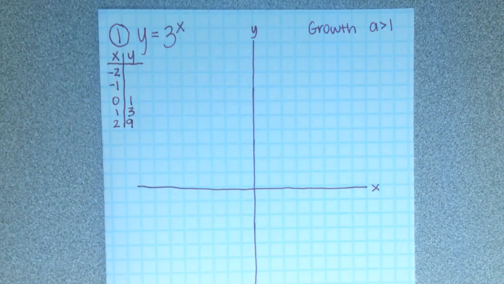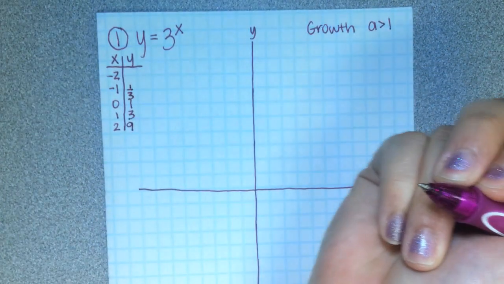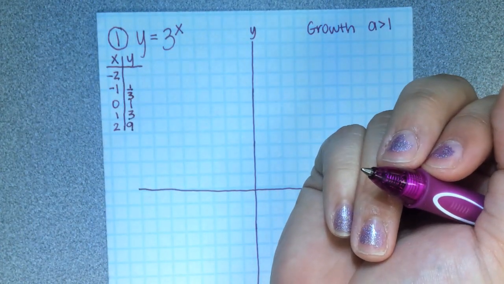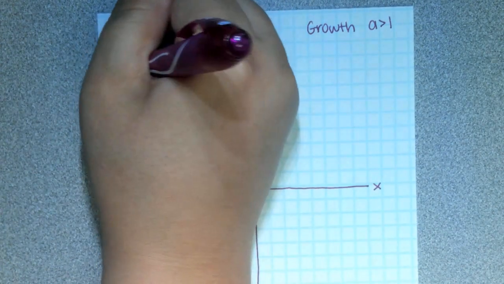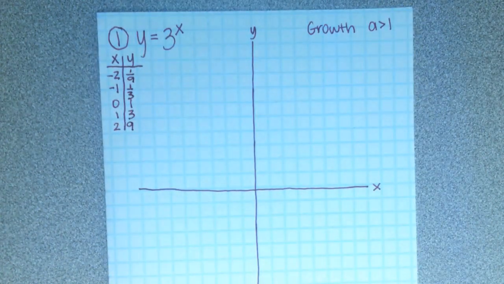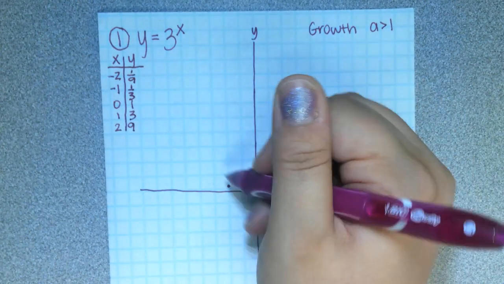What about 3 to the negative 1? 1/3. 3 to the negative 2? 1/9. And plot those points. -2, 1/9.